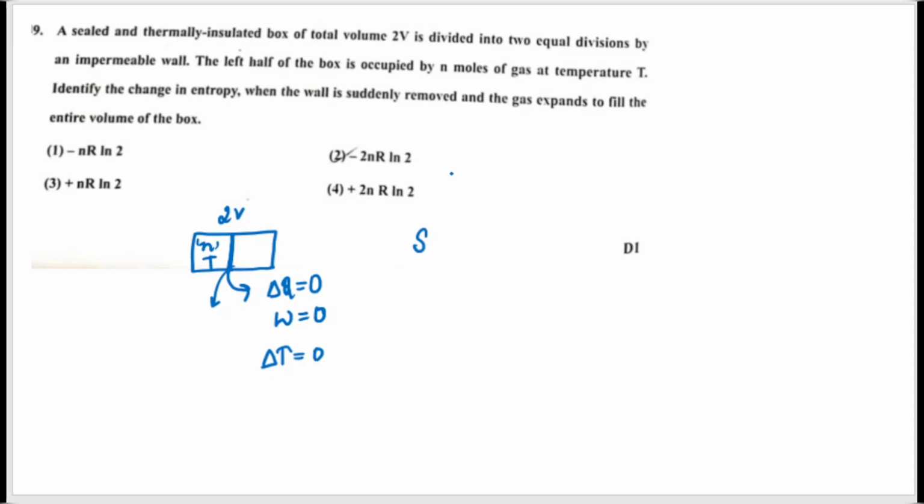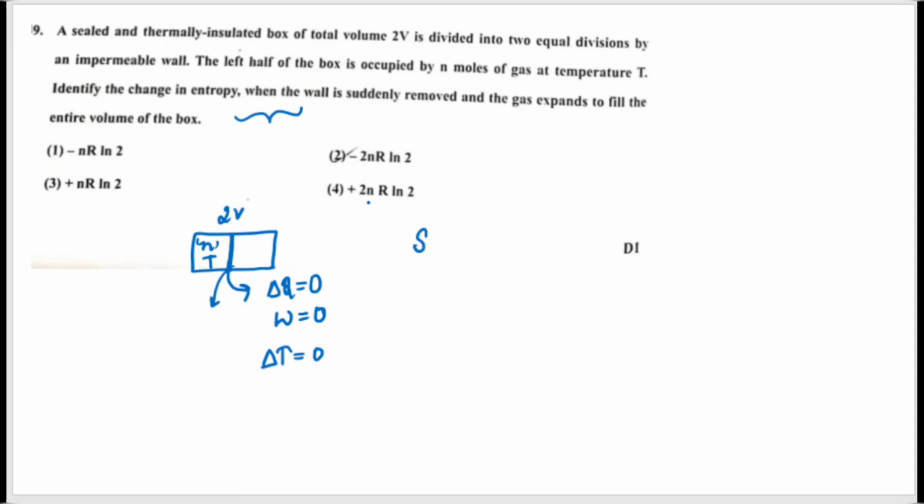Now what we are observing in this question, it is an irreversible process, it can't again be formed. Means if we remove the wall, the molecules will shift to this side also and it will arrange in the total volume 2v. But we can apply the formula for entropy in reversible process for an ideal gas.